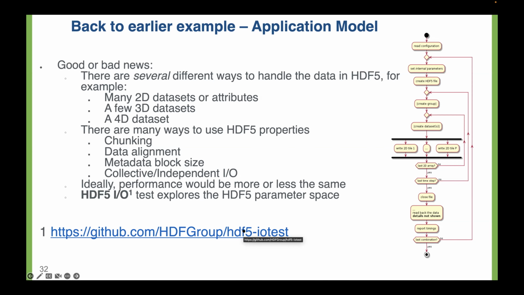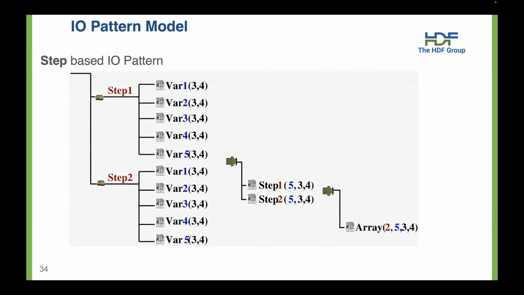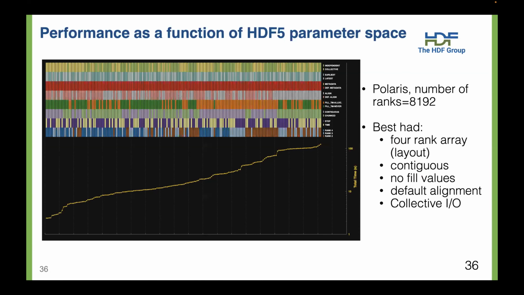Well, it gives you an idea of how the system performance would be. It's not maybe a one-to-one comparison with what your application would be, but it would give you an idea of what you probably shouldn't be doing in your application. For example, you probably shouldn't be creating 2D arrays, using chunked datasets, filling them, and using certain alignment.